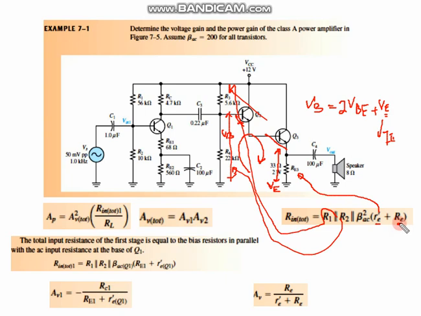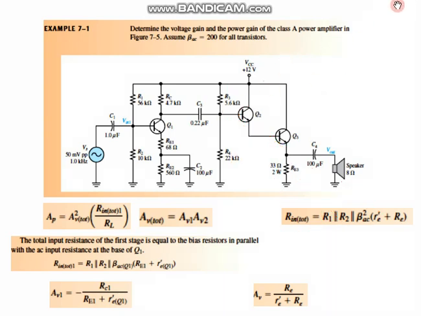And RE, remember, will be R3 parallel to this 8 ohms resistor. So once this R in total is determined, it means R in total is basically a resistor from this end to here. You can represent the whole network by an equivalent resistance.